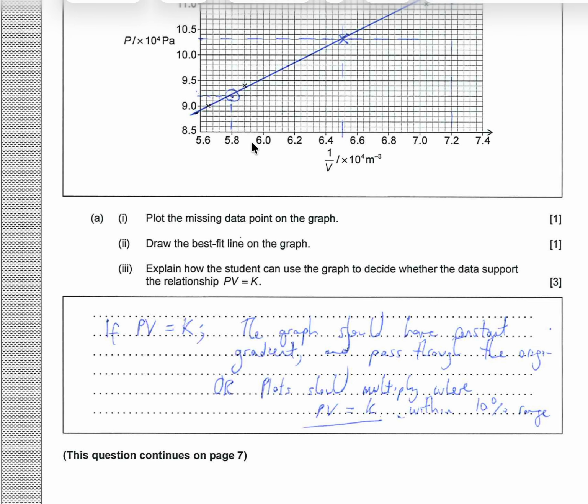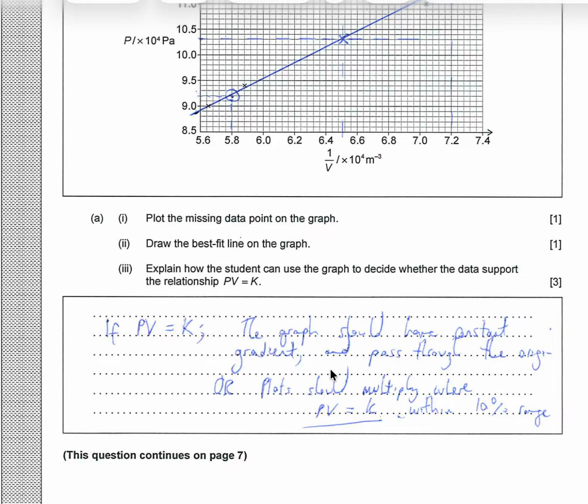We plotted 1 over V. The graph should have a constant, positive gradient, and it should pass through the origin. Okay, now this is a 3-mark question. I noticed in the mark scheme, if you went down this route, you probably should say something like, well, we need to replot the graph to make sure that it hits the origin. You could also obtain the equation of this straight line to make sure that it goes through the origin.